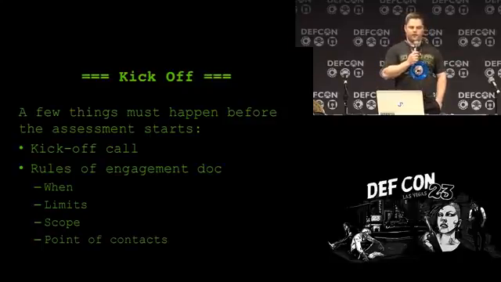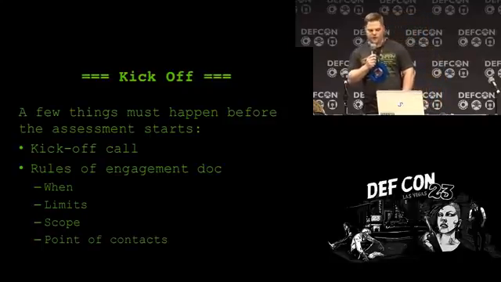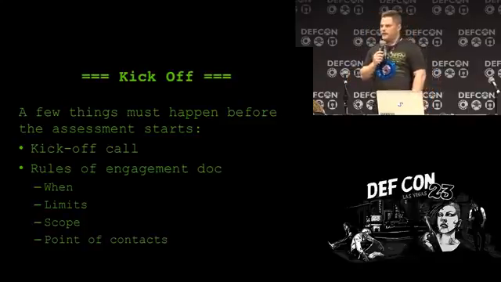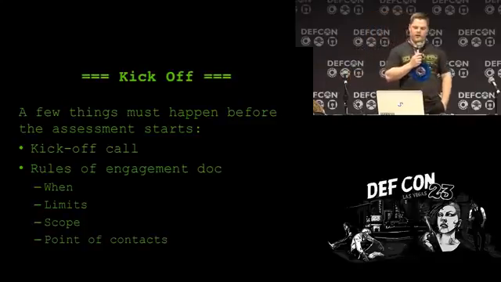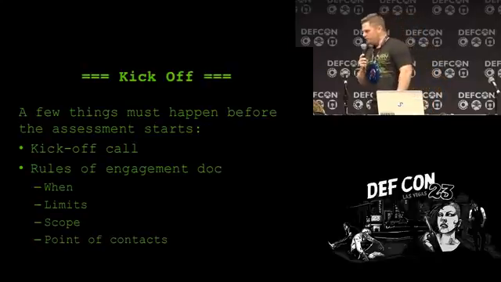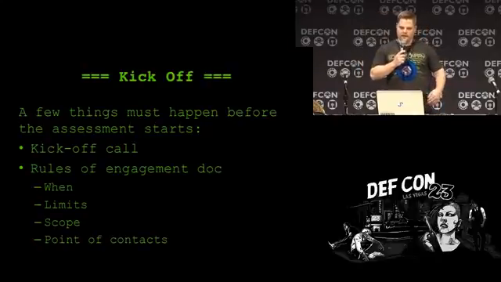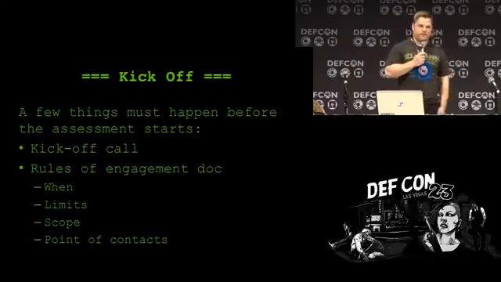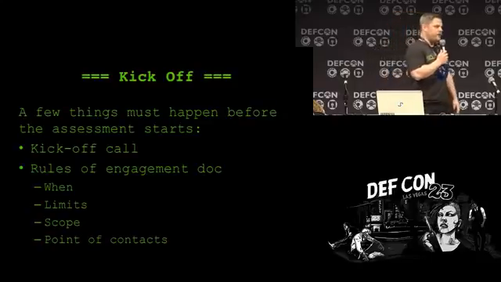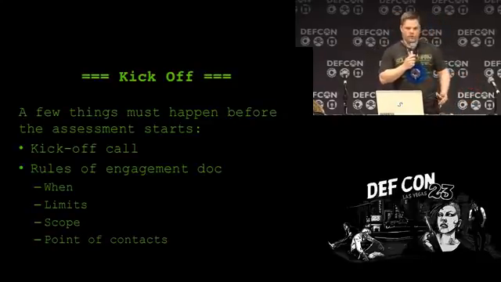Well, once you go through contract and scoping and sales, then it comes down to us, and we have what's called a kickoff call. During this call, we talk about what they are expecting. Do they have a specific thing they want us to focus on? If it's a bank, then they probably want us to focus on getting user data or credit information.